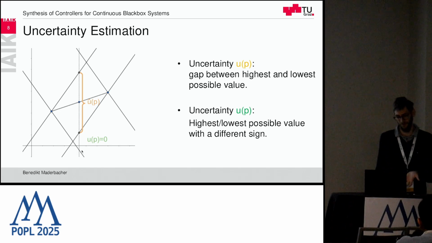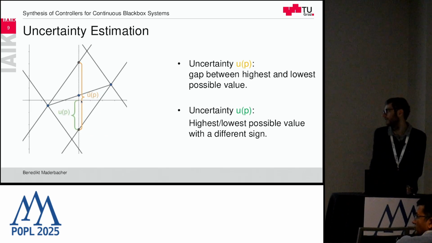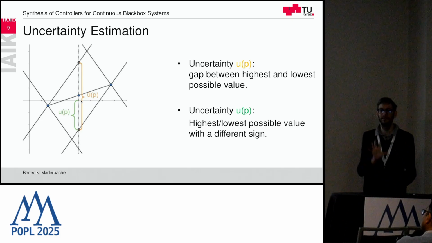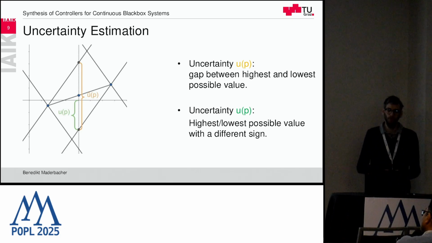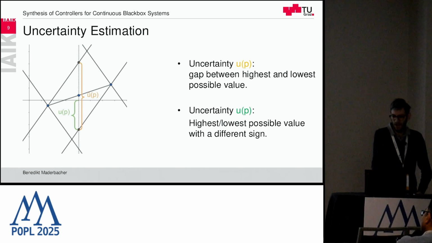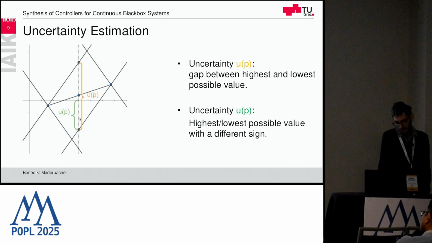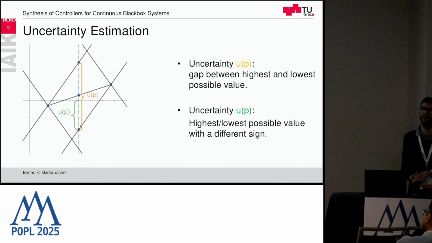In this case, the lower bound is already a positive point, so for this point, we know that it is positive. But if you look at slightly shifted points, then we have here again a positive point, but we have a relatively large possible negative value.